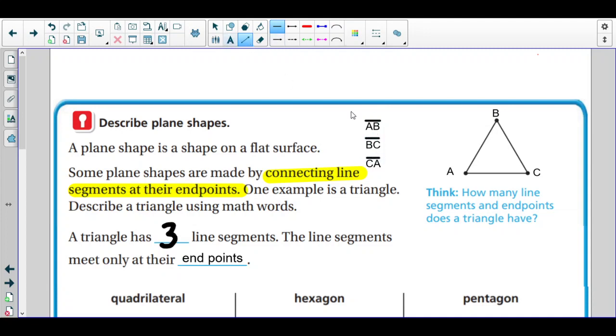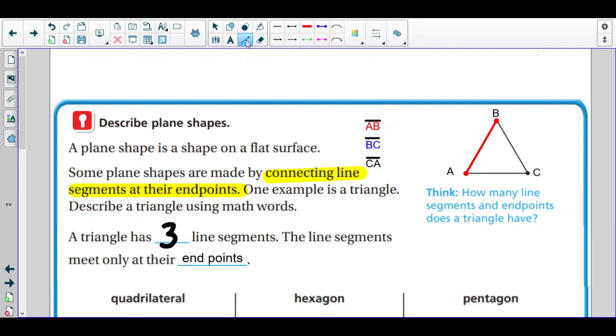So what was the first one that we had? Line segment AB. That went from here to there. And then we're going to connect the line segments at their endpoints, all right, where they share. So right here, this would be line segment BC.